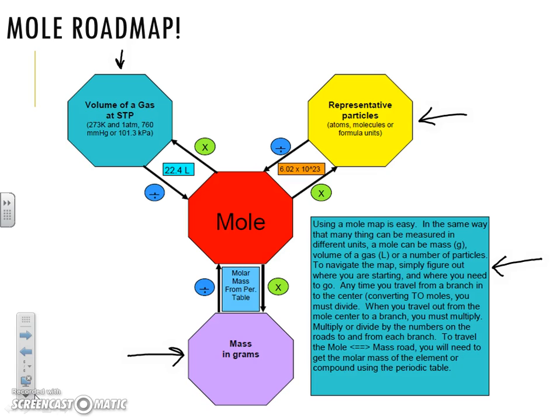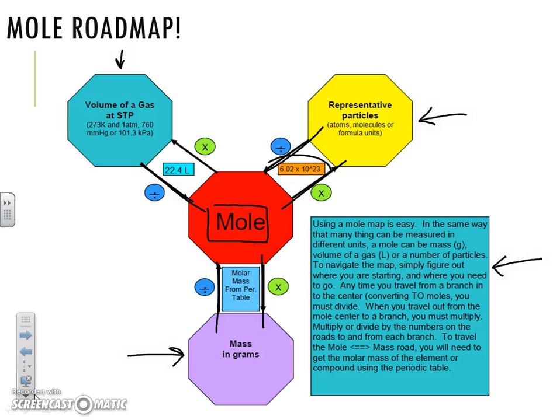So in the middle, we have the mole. The mole is the common factor that can get us from grams to volume, or from volume to representative particles, or representative particles to mass. You can go any direction you like as long as you're using the correct conversion factor.